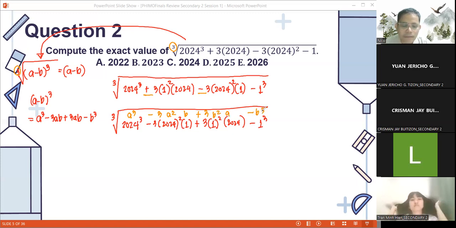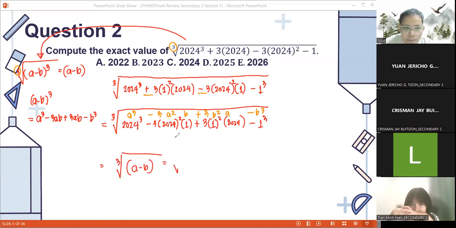Right? Okay. So meaning, we can simplify this one into the cube root of A minus B, which is the cube root of 2024 minus 1, right? Because this is raised to 3, this is a cube root, you can remove the cube and the cube root.